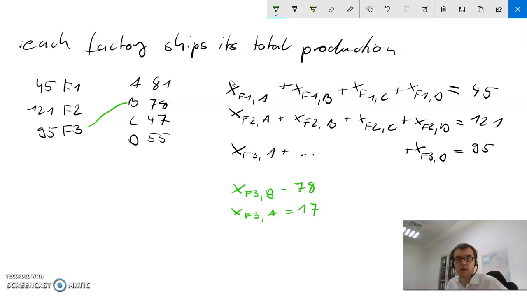And the values of the other decision variables, F3 to C and F3 to D, equal 0. So then these 4 values of the decision variables would fulfill this constraint. That is nice, because now we make sure that these 95 units are flowing out of factory 3 to the customers.